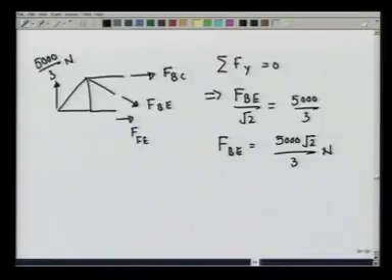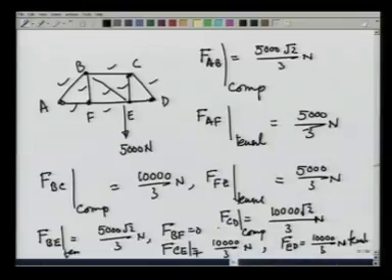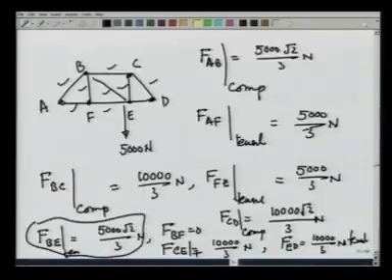And you can see that this is actually pulling the rod, and therefore, this is going to be a tensile force. Let us compare this with what we had gotten earlier. We had obtained FBE to be tensile of 5000 root 2 over 3 newtons.